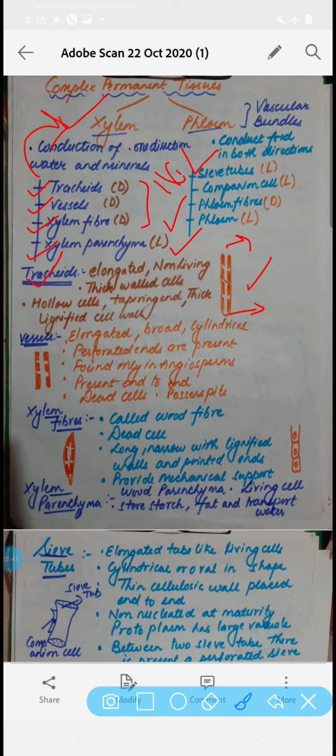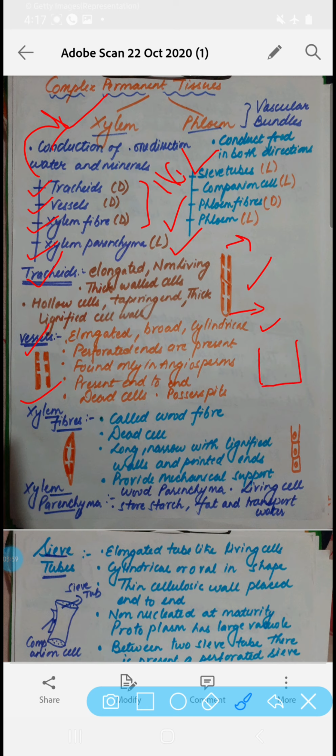Now we come to the next kind of component of xylem, that is vessel. Vessels are elongated, broad, cylindrical cells which have perforated ends.